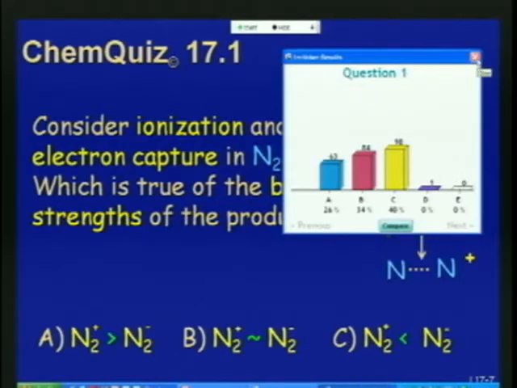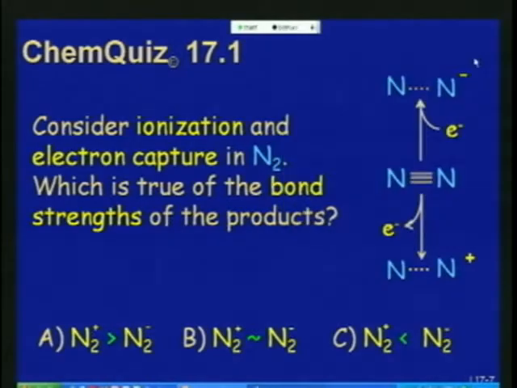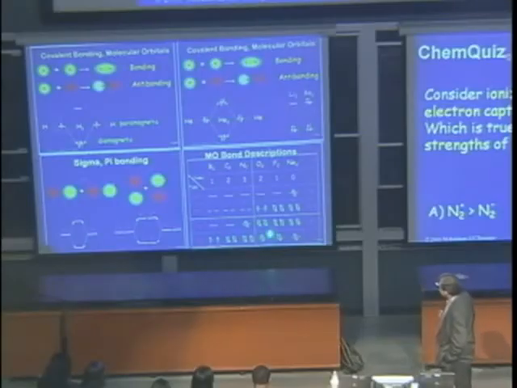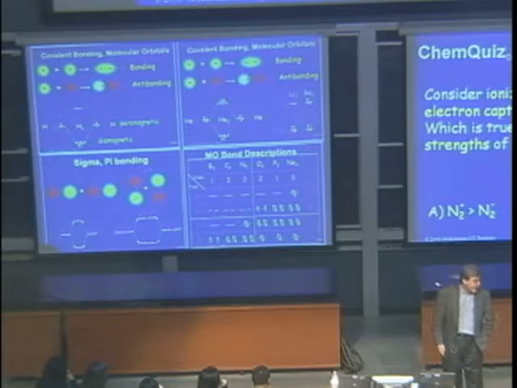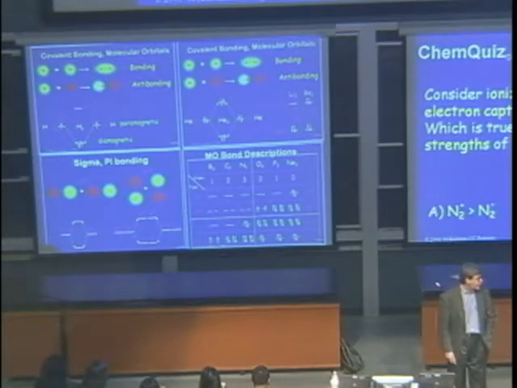You know what bond order is, don't you? Number of bonding electrons minus the number of antibonding electrons, divided by 2. Now let's have a look at this again. Please follow me here. So this is nitrogen. If you take one away, you have ionization. Then you count the number of bonding electrons, subtract the number of antibonding electrons, and determine the bond order.